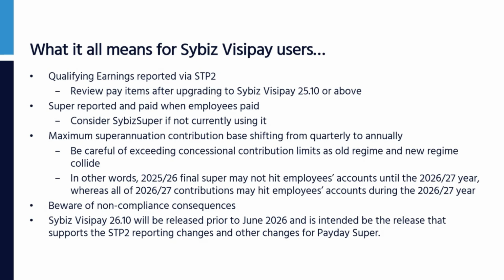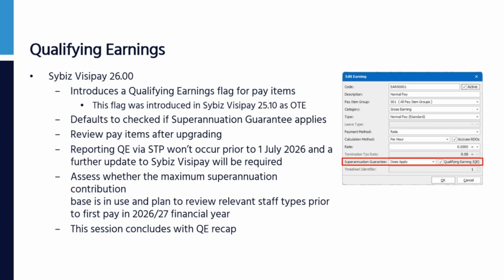So just bear in mind that somewhere around sort of the March to May timeframe, there will be a release that you'll need to upgrade to be able to use Payday Super and the updated STP2 reporting. So just put that one in your diary and keep an ear to the ground.